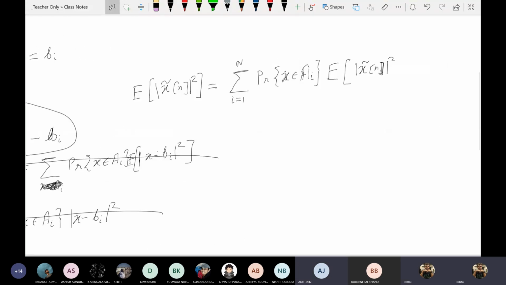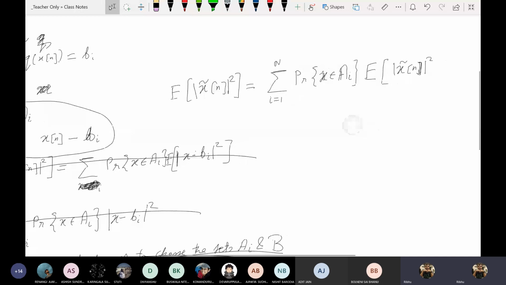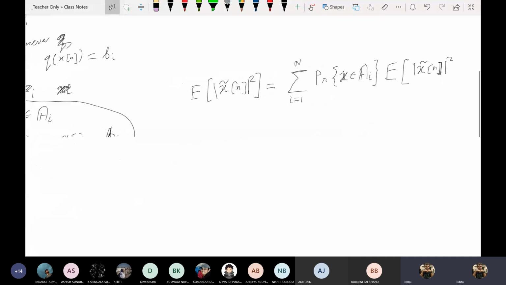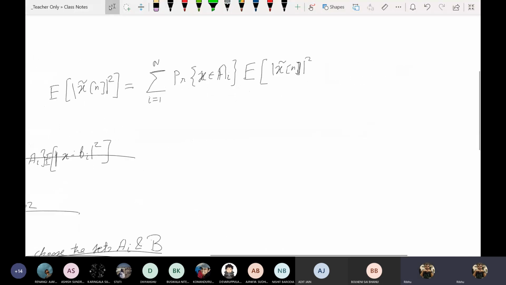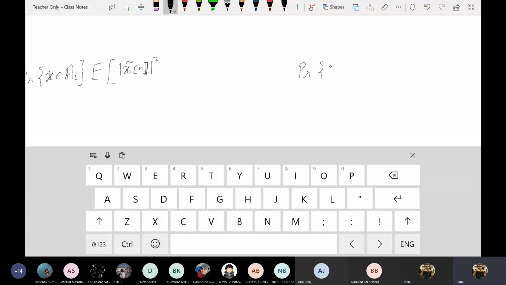Yes. So in general, x is a continuous random variable, and for any random variable I'm just doing a general thing.